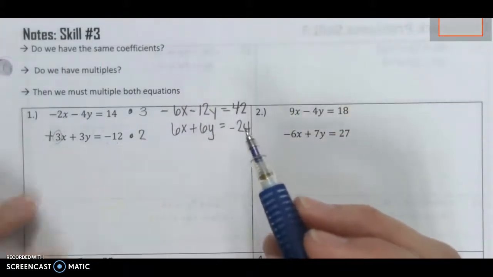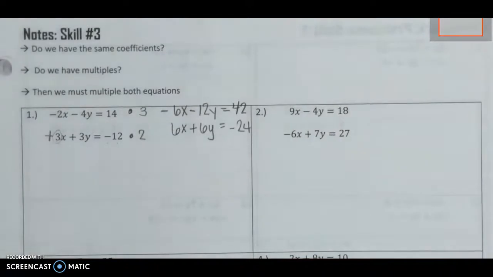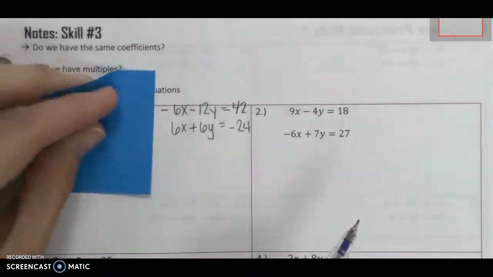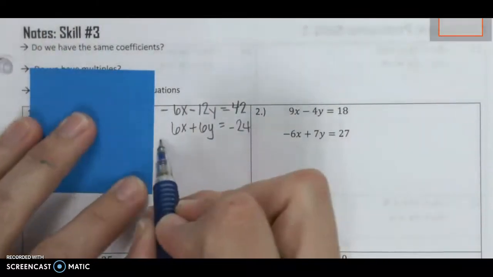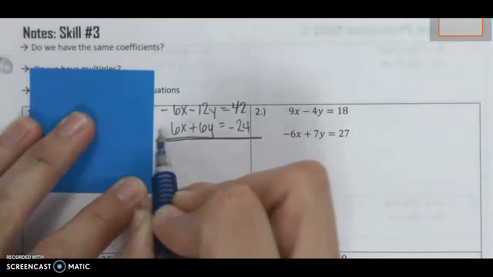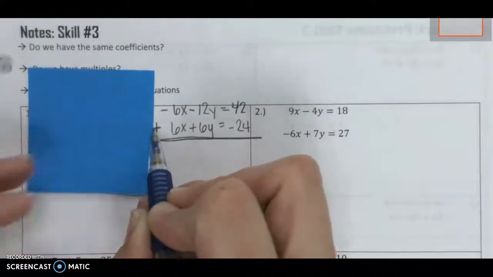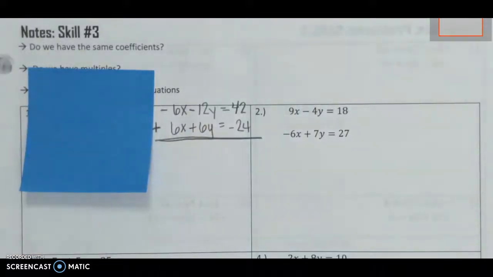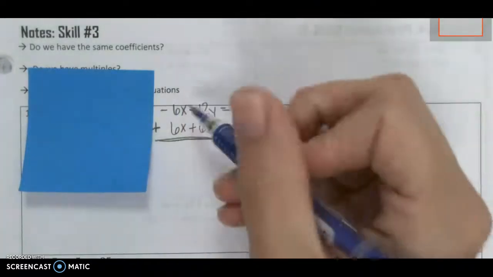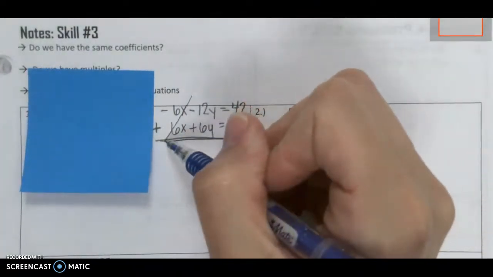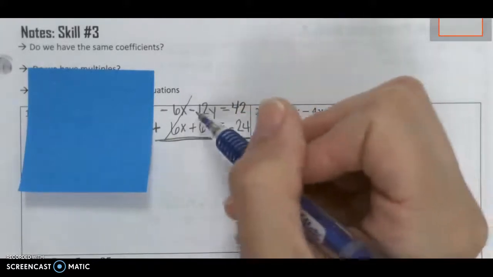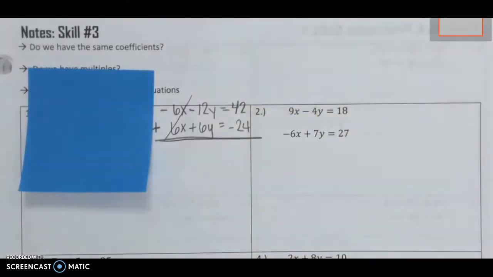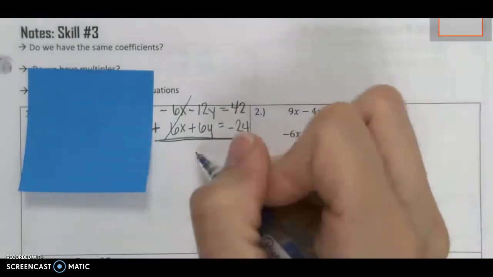Okay. Add these two equations together. -6 and +6 will cancel each other out. -12 plus 6 is -6.